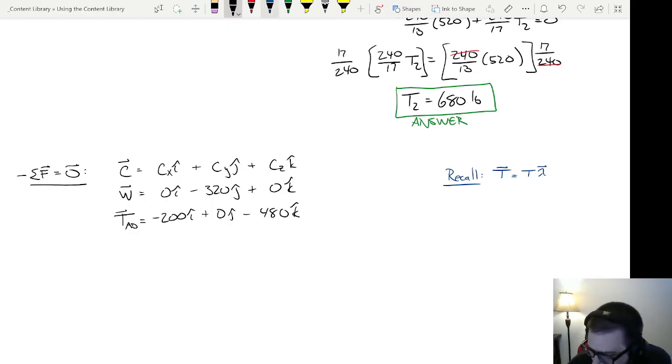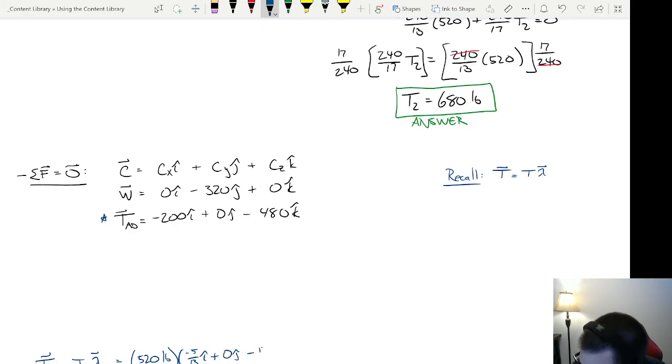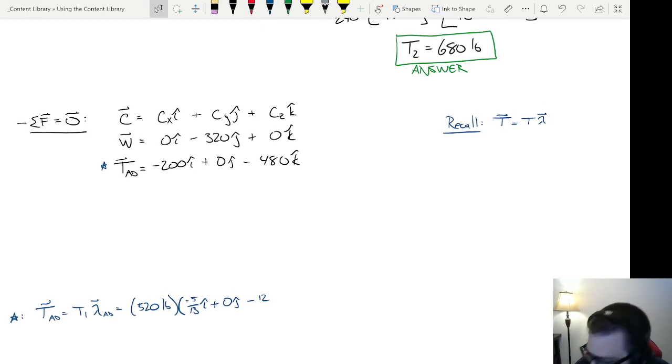And again, if you're wondering how I'm doing that, I'll put a little asterisk over here. We'll put this down here. So how do we do that? TAD is T1 times lambda AD. T1 we already figured out was 520 pounds, right? And then lambda AD is negative 5 over 13I plus 0J minus 12 over 13K.